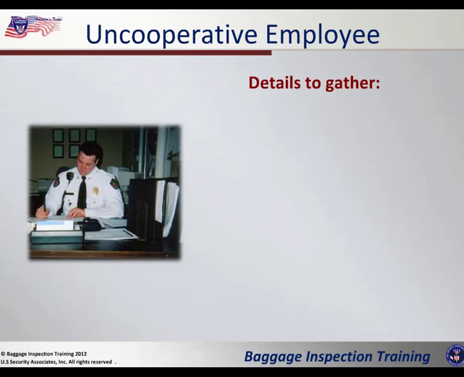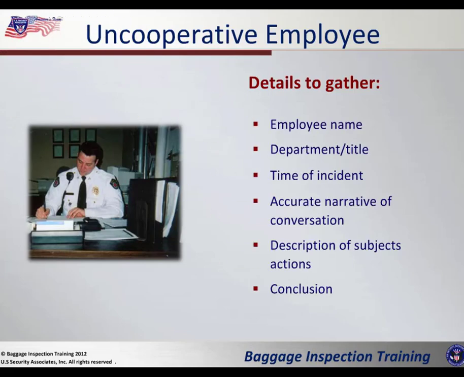Here are some important details to gather for your incident report in the event of an uncooperative employee. You want to get the employee's name, their department that they work in, their title, time of incident, and an accurate narrative of the conversation that took place between you and them.